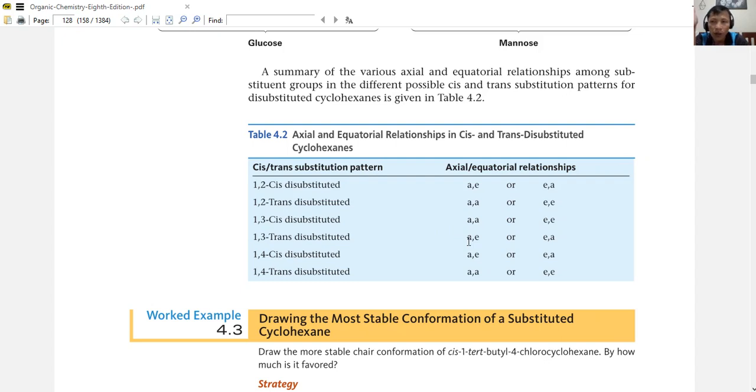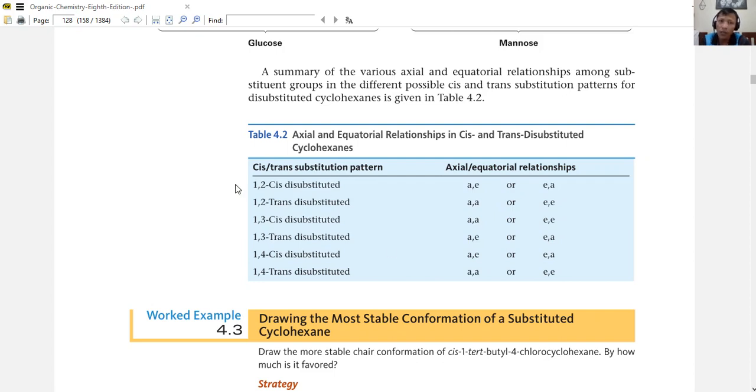Why? Because the cis-trans system is how we represent it in a two-dimensional fashion. But of course, in terms of a more detailed discussion with respect to the ring flip, or that flipping for making it stable, then you must be talking about the axial and equatorial relationship.